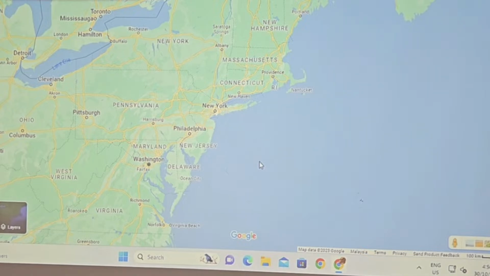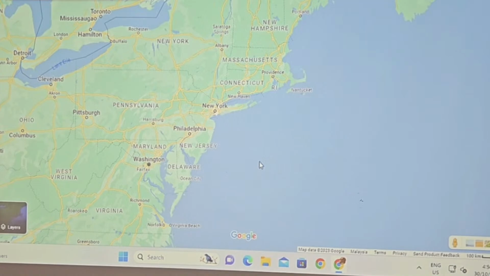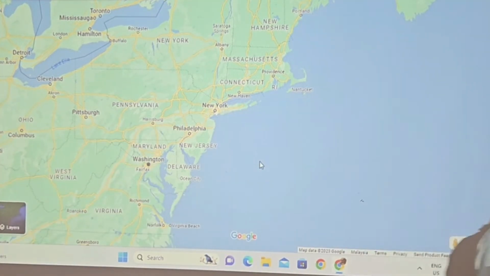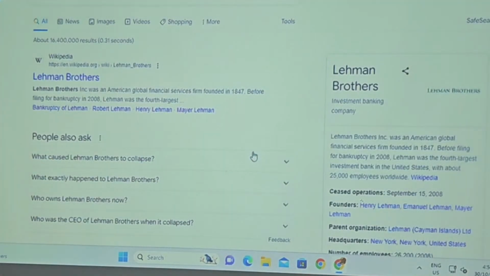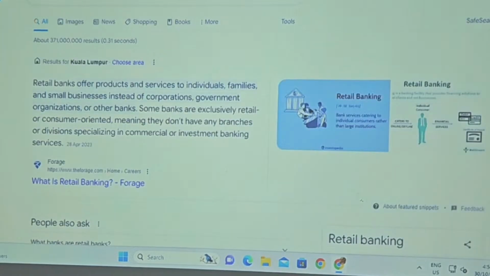From value to no value. That's the stock market. So the country went bankrupt. Lehman Brothers also went bankrupt. This is the subprime crisis.